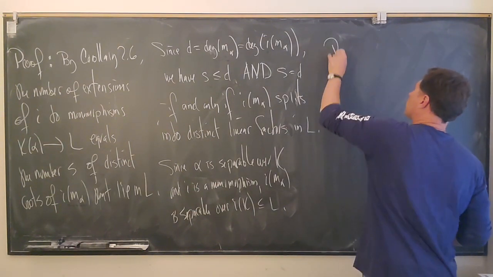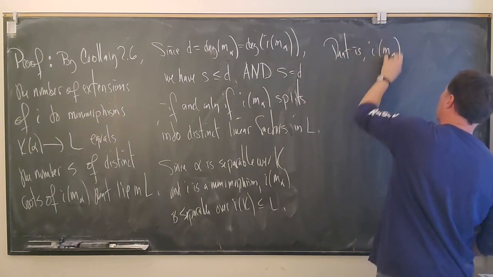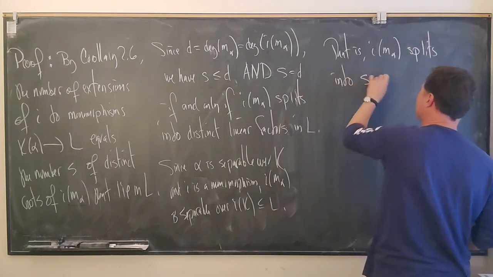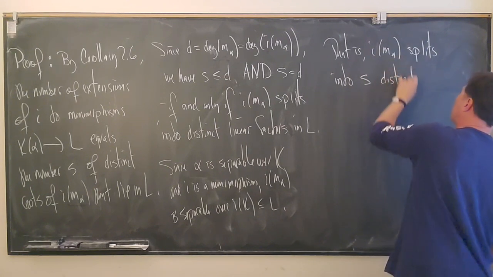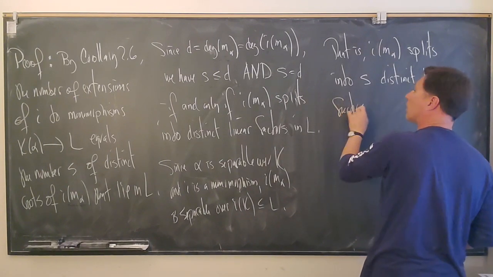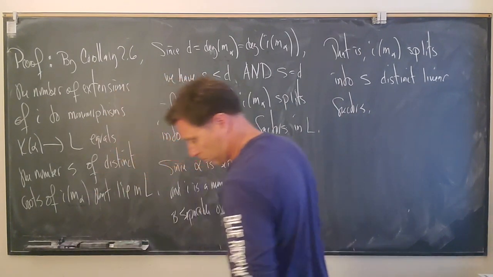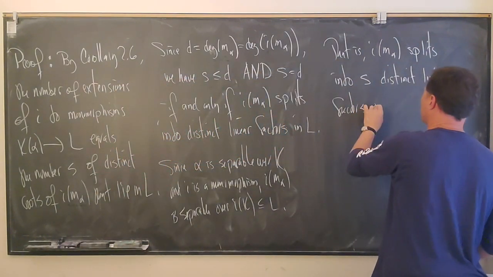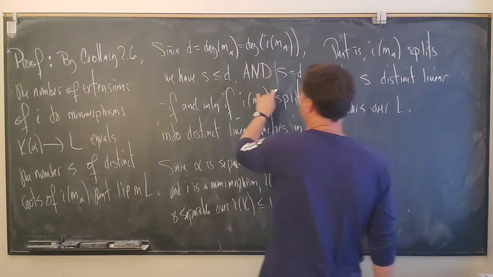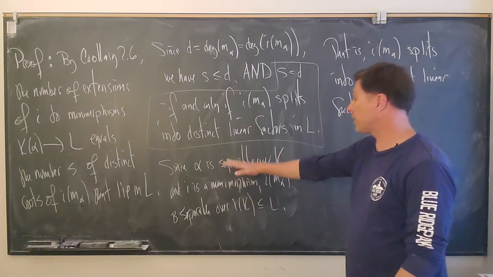That is, I of m alpha splits into S distinct linear factors over L. Okay, over L. Right, so it's this part right here that we get from the separability.